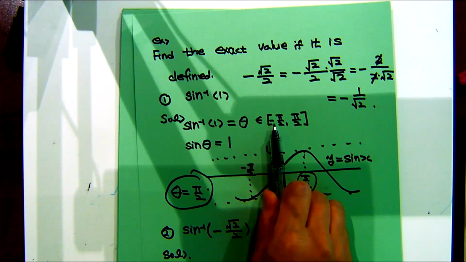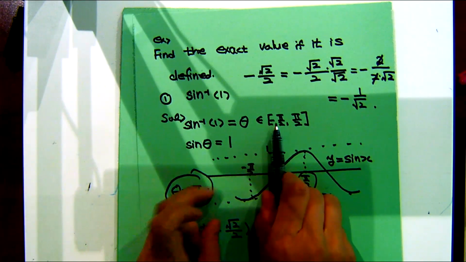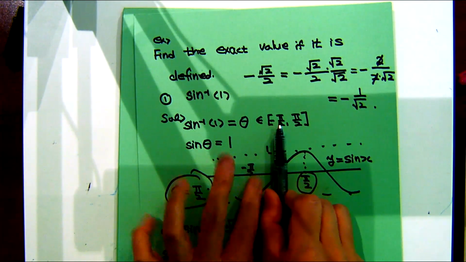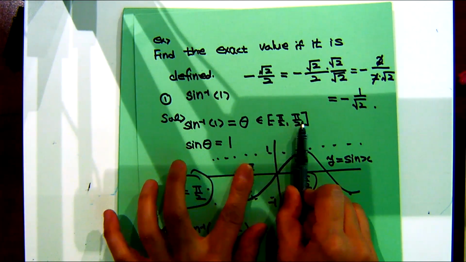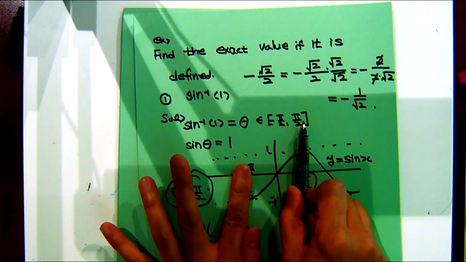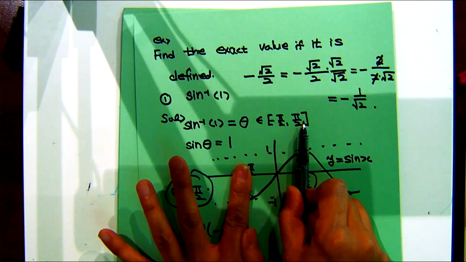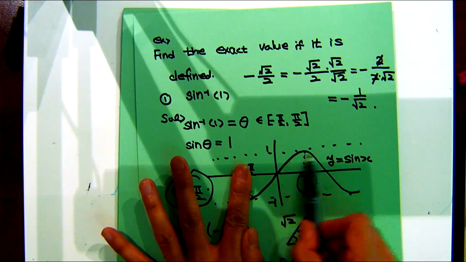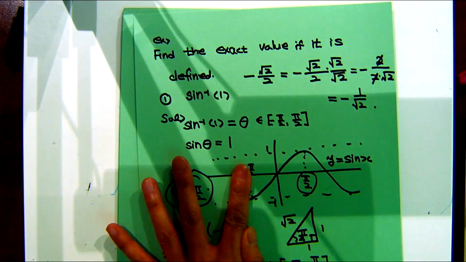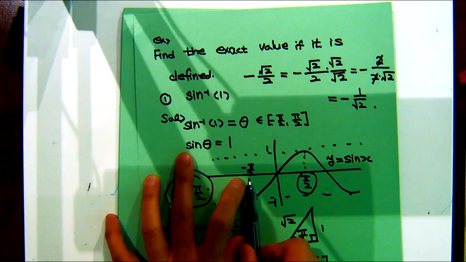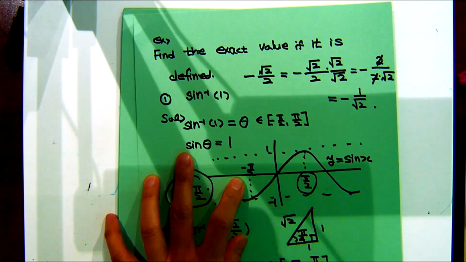Let's say you forgot what the range of inverse sine is. Then you will draw the graph, and then you will extend it to the maximum region where sine is one-to-one, because it goes down and then it is not one-to-one, right? And that region is from negative pi over 2 to pi over 2.